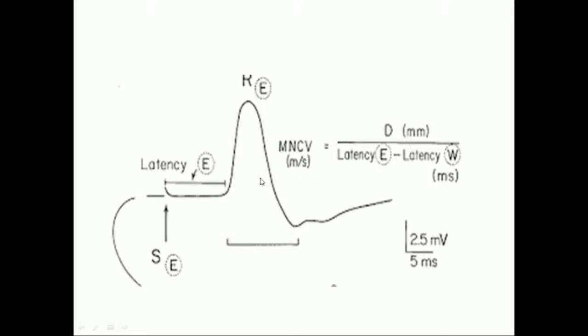This is called amplitude, and this is the duration of the wave. So how to calculate the velocity? It is by the formula distance divided by proximal latency minus distal latency, and then you get the nerve conduction velocity.